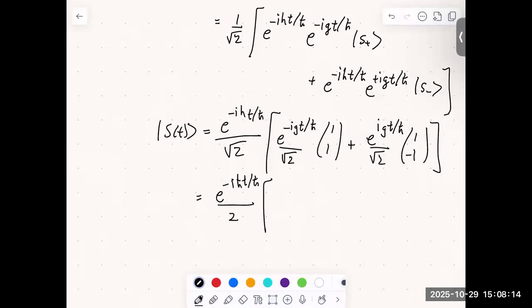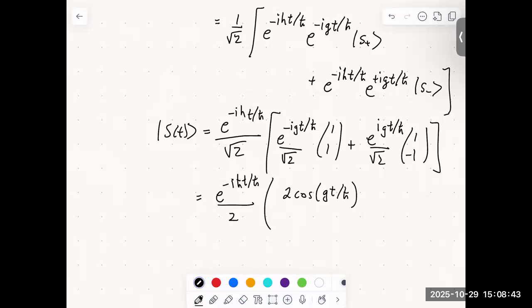Now let's combine these two. 1 plus 1. So that's going to be e to the minus some exponential plus e to the plus some exponential with an i. That's like the cosine. So this is going to be 2 cos g t over h bar.